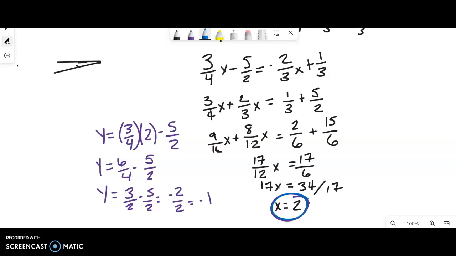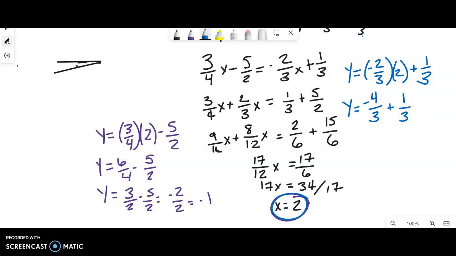Hopefully that's going to be true again when I take x equals 2 and I plug it into the other possibility. So I've got negative 2 over 3, plug in the value for x, plus 1 over 3. First thing I'm doing is multiplying my fractions, so I'm going top times top, so I got negative 4 over 3, plus 1 over 3.